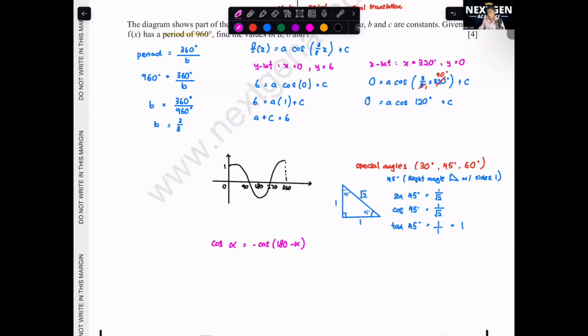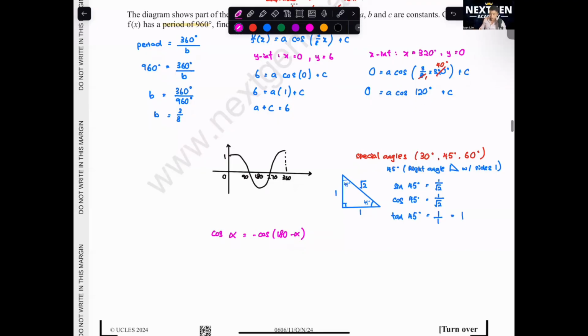What does this mean? I want you all to take out your calculator first. We're going to give you some values. Cos alpha equals negative cos 180 minus alpha. Let's say I give you cos 30 degrees. I want you to find a value in the second quadrant that is equivalent to this cos 30. What value would it be? It will be negative cos 150 degrees.